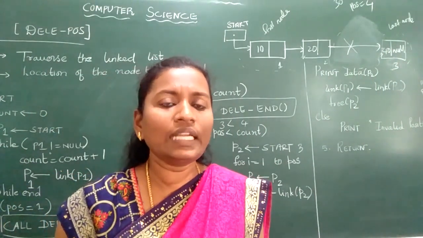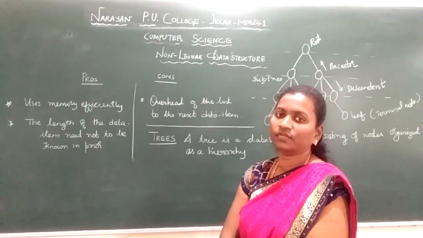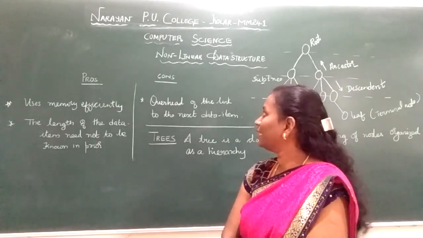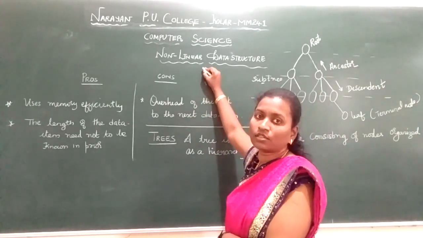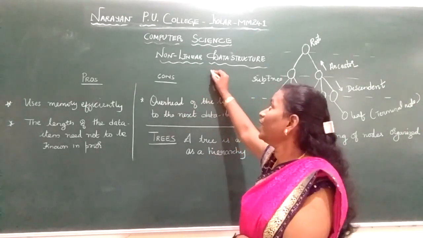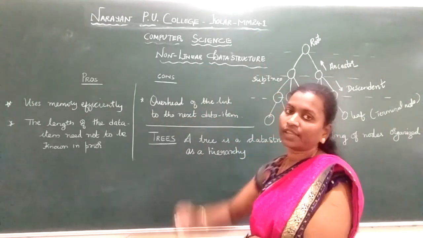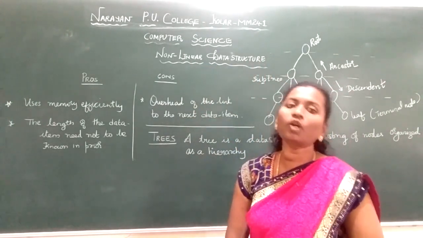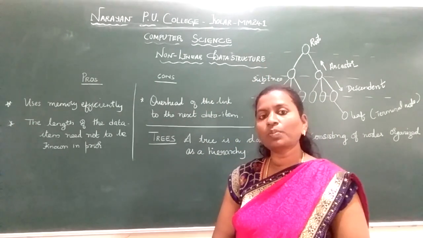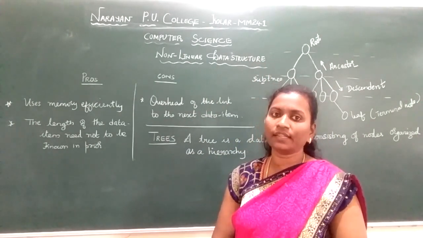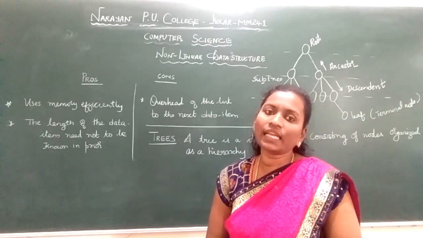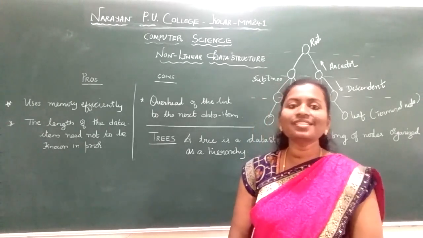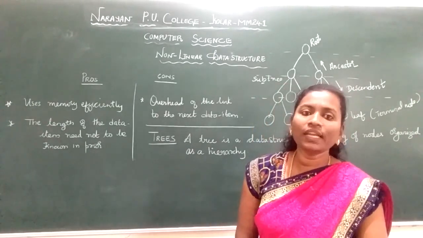Next we will see non-linear data structure. Okay students, now we'll see the last concept, that is non-linear data structure. In the classification, so far we were discussing linear data structure. Next part is we are going to see the non-linear data structure. So non-linear data structures are the data structures in which the data items are interconnected.